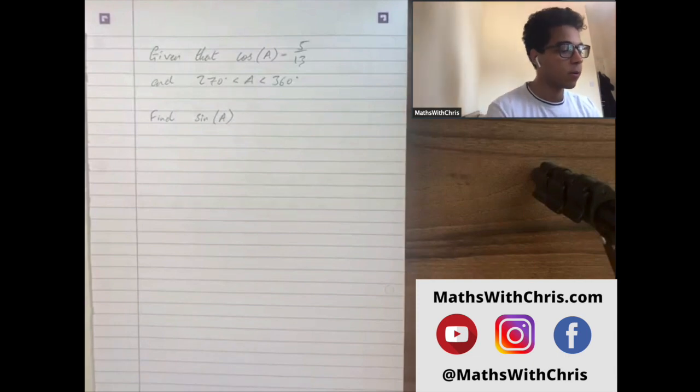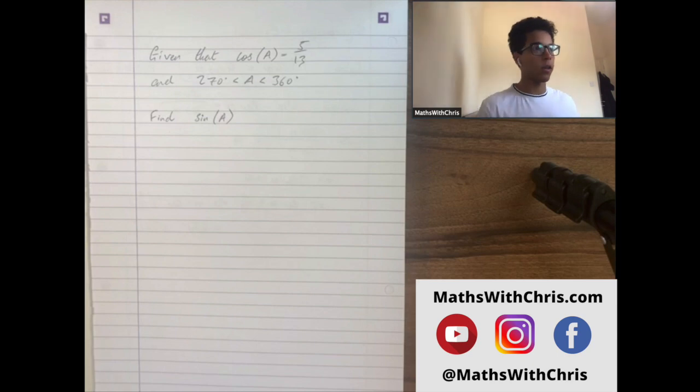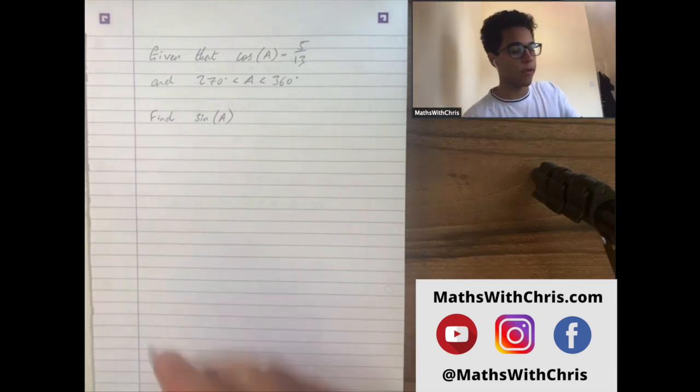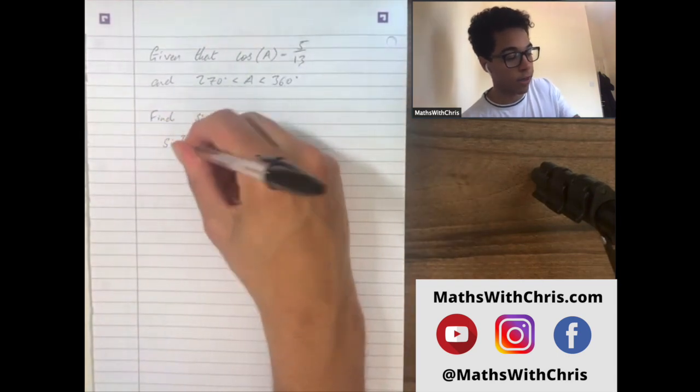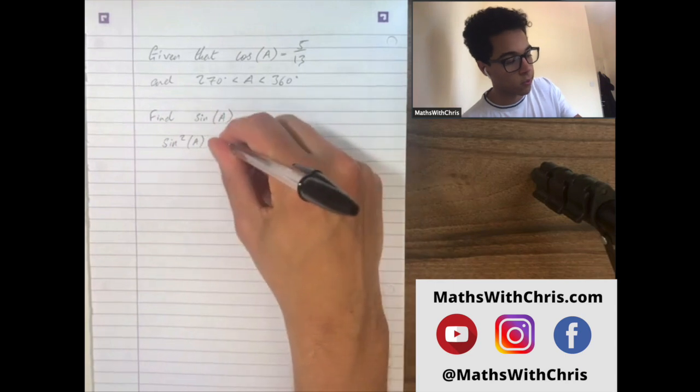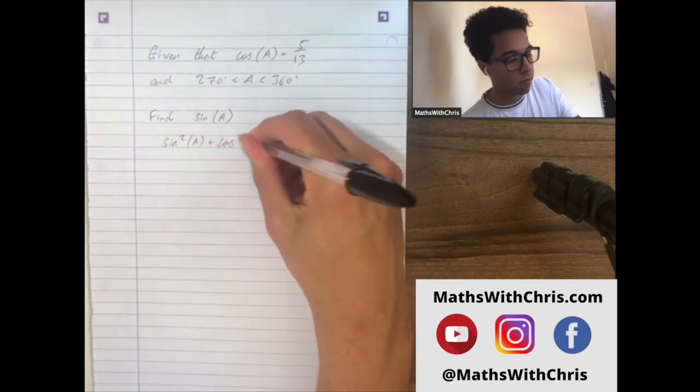Yeah, so think about what identity we might need to use. Someone said sine squared of A plus cos squared of A is 1. So yep, that's going to work. If I write that down, sine squared of A plus cos squared of A equals 1.